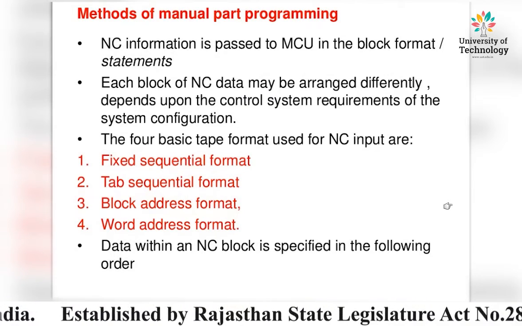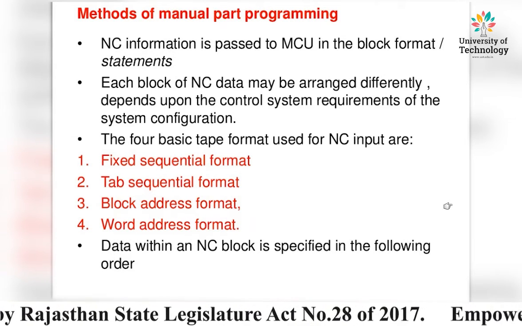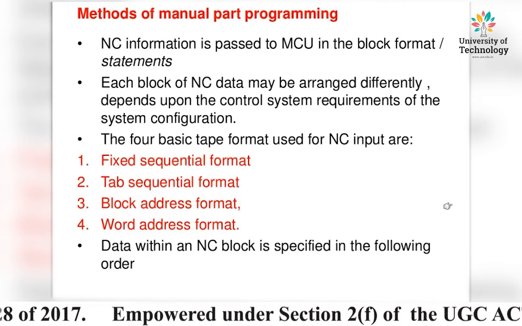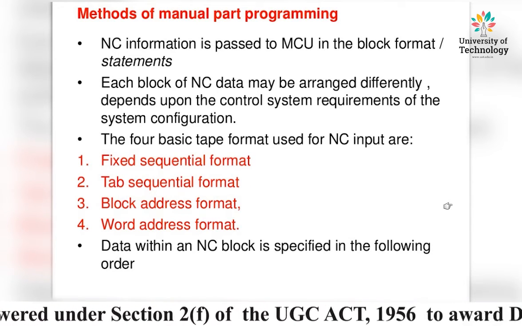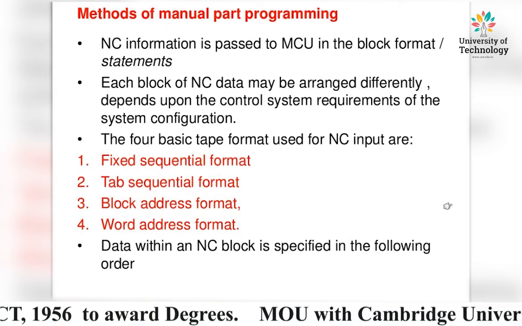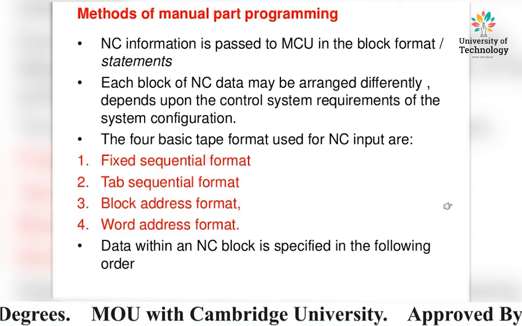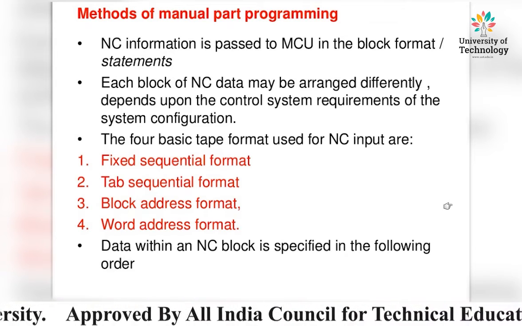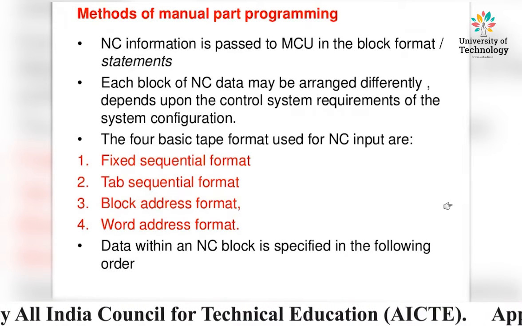Methods of manual part programming. Numerical control information is passed to the machine control unit in block format statements. Each block of NC data may be arranged differently, depending upon the control system requirements and system configurations.